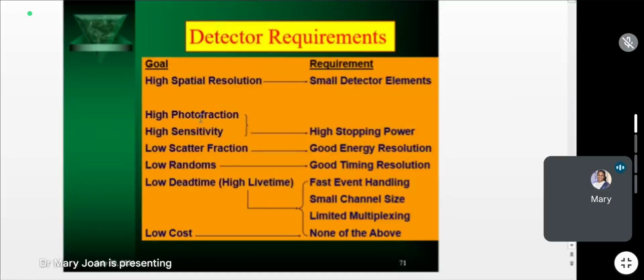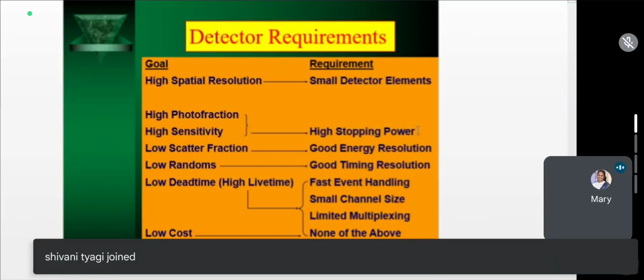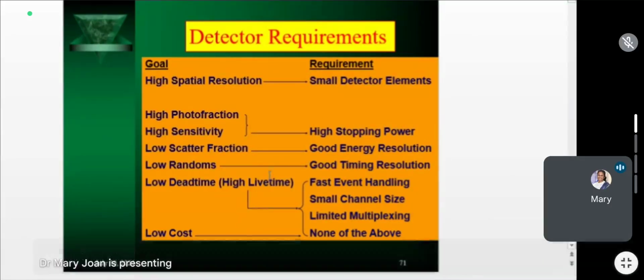So we need high spatial resolution. For that, we need small detector elements, high photofraction, and hence high sensitivity. We need high stopping power of the element and low scatter fraction. We need good energy resolution and low randoms. We need good timing resolution and low dead time.